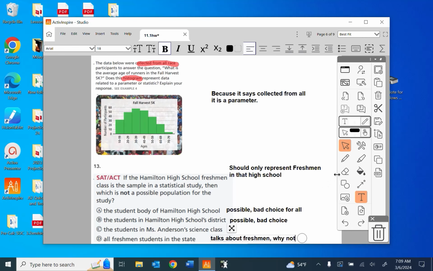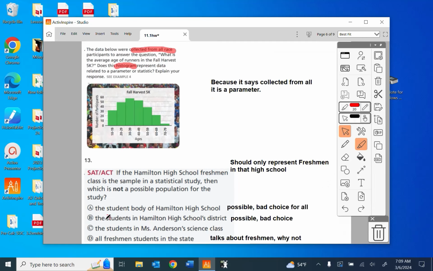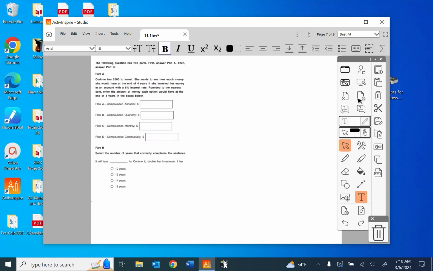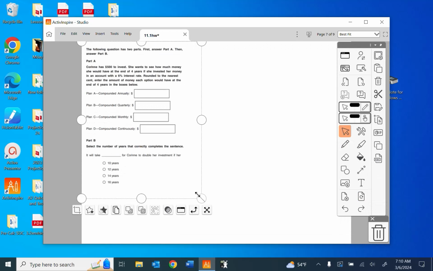I have no idea who Miss Anderson is, and I have no idea what she teaches. That's the question, like, does she even teach freshmen? So, I'm going with C, and there's my logic behind it. That is a very bad question. Nothing on your EOC would be that difficult. Too much inference there.